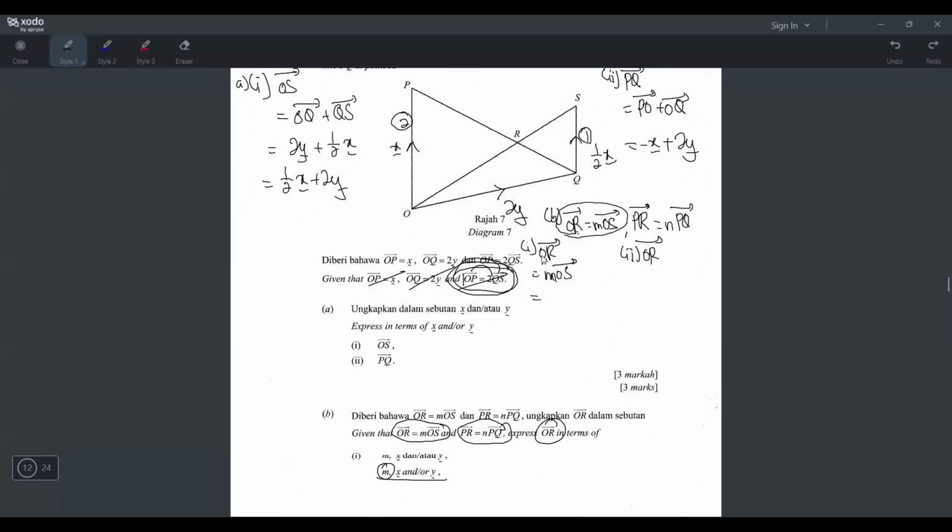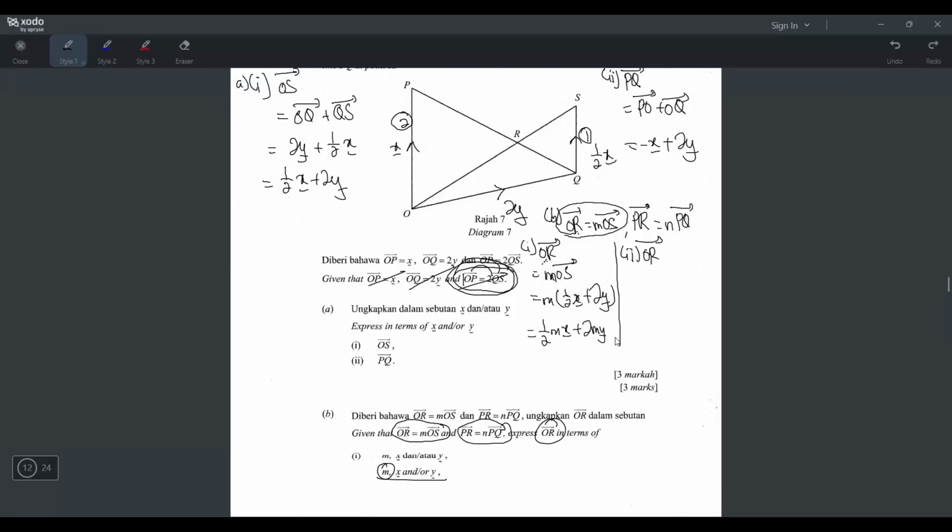So for this case dia dah bagi siap-siap, kita ambil je macam ni. So OR is m OS, and then the OS vector we can tiru from A. Because A tadi sudah cari OS, 1 over 2 x plus 2y. I told you just now, right? Your A answer mesti guna dekat B1. So just write like this. And then take the m, you kembang, expand, you darab, you get 1 over 2 mx plus 2 my. Okay, so this is the answer.